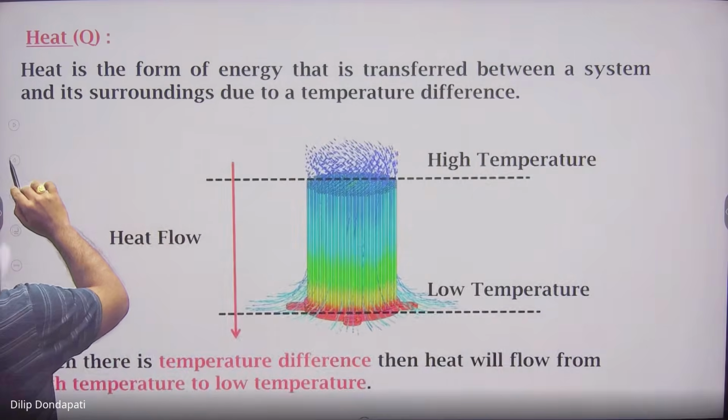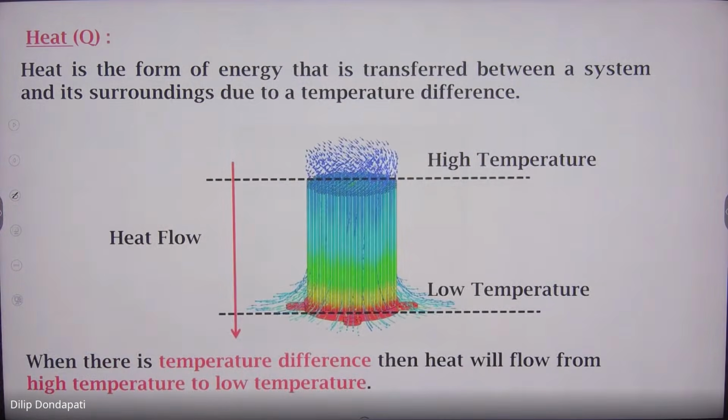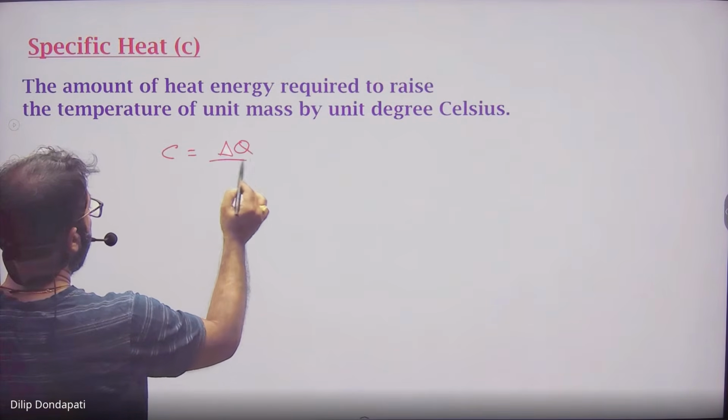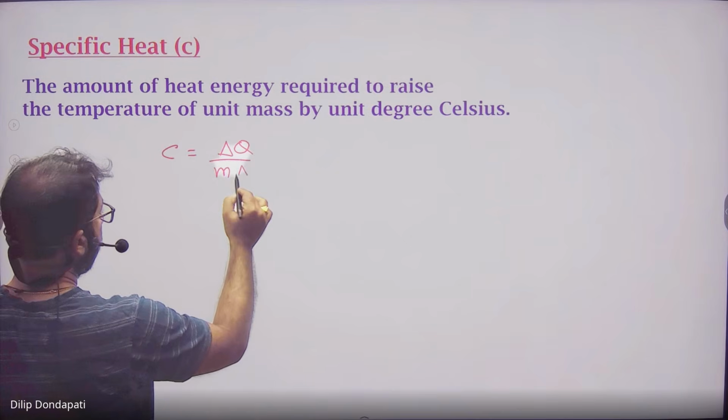So for specific heat capacity, we learned that small c is delta q by m delta t, right?